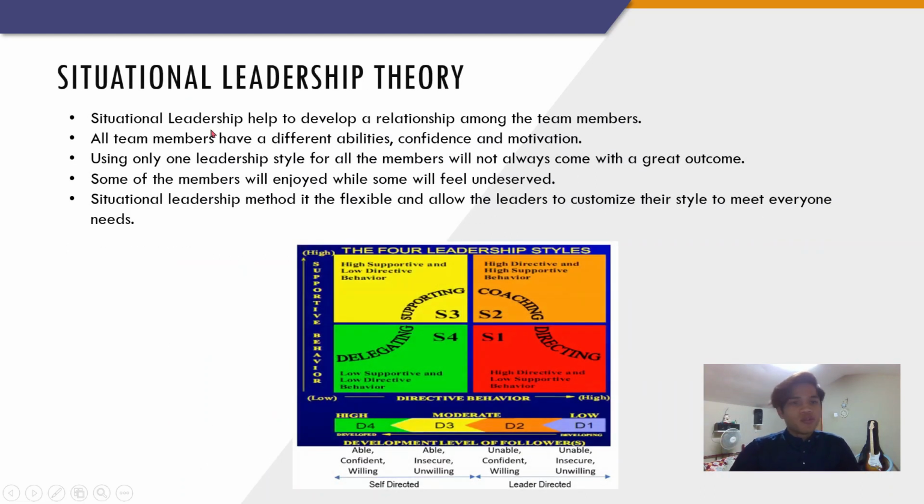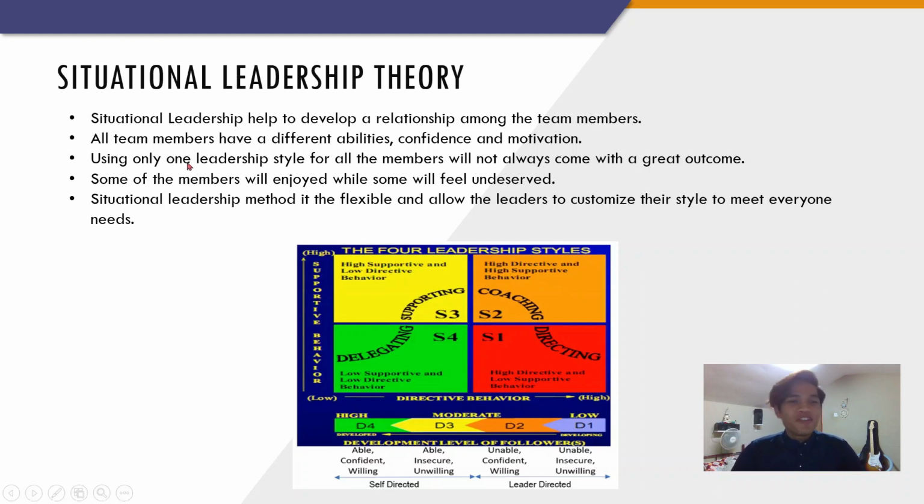Next is situational leadership theory. Situational leadership helps to develop a relationship among the team members. As we know, all members have different abilities, confidence, and motivation because not everyone is the same. Even though we have the same color of hair, we are different in heart.